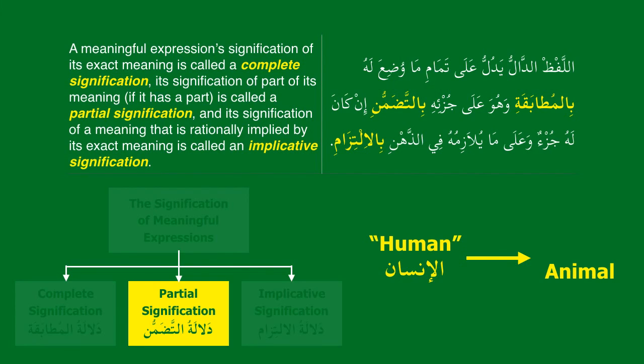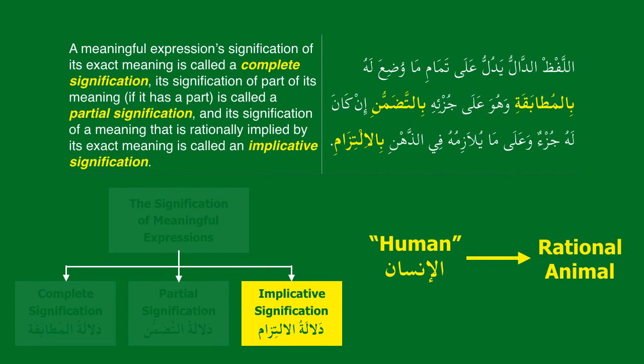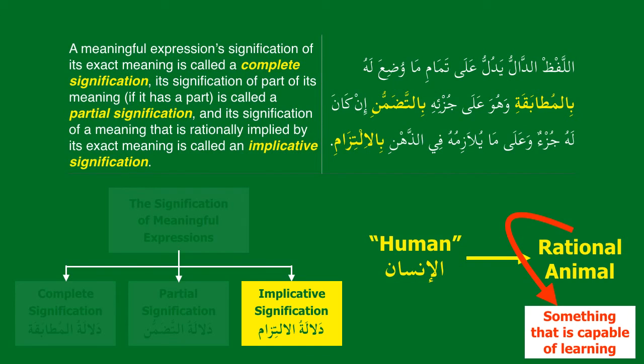Finally, an expression can signify meanings that are implied by the meaning that it signifies. So the meaning rational animal, the logicians explain, entails, is associated with the meaning of something that is capable of learning.